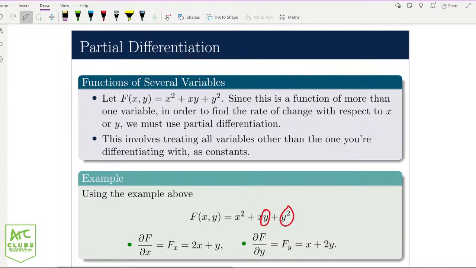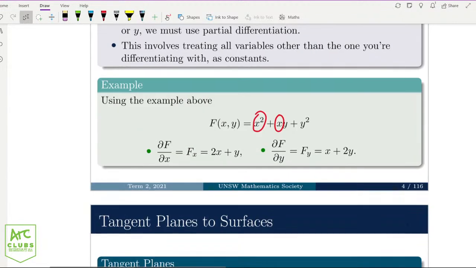What we're left with is 2x plus y. Alternatively, if you want to take the partial derivative of f with respect to y, then you take all the x's as constants, and you end up with x plus 2y instead. So that should be all right.